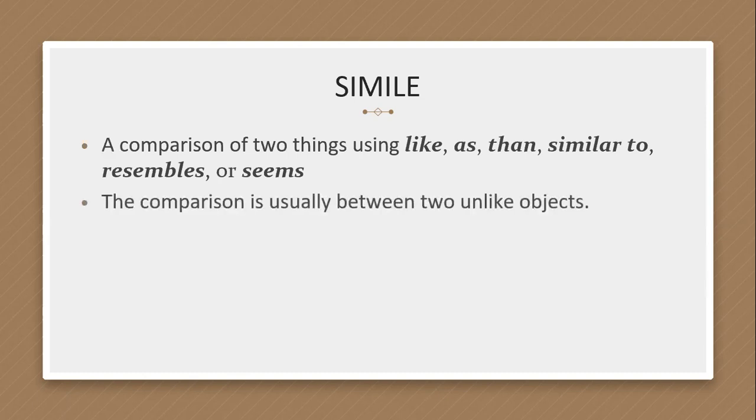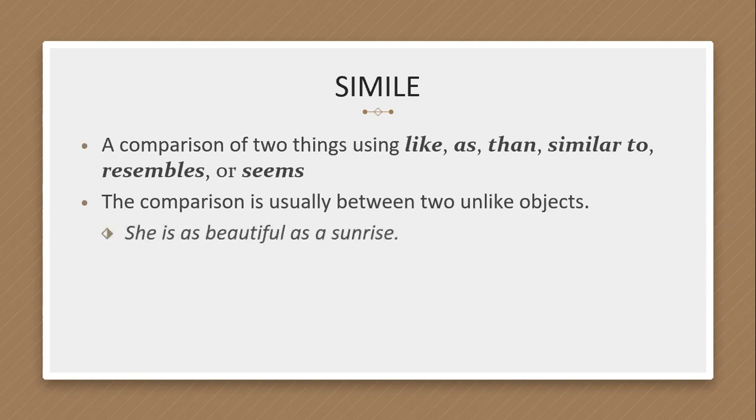Usually, simile is the comparison between two unlike objects. So, different from literal language, when we compare things in literal language, usually we compare apple to apple, but in figurative language, it's not necessarily like that.